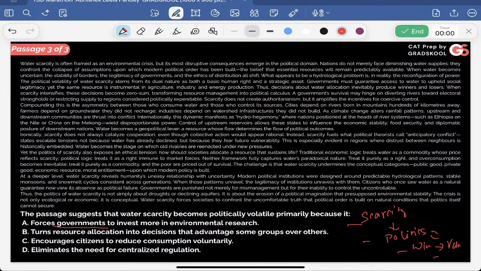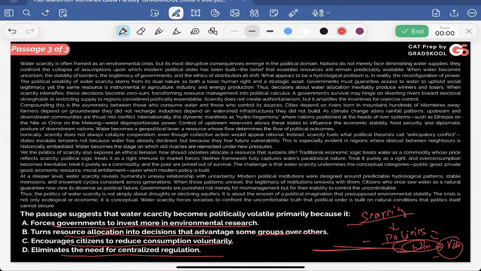Forces governments to invest more in environmental research, turns resource allocation decisions that advantage some groups over others, encourages citizens to reduce consumption voluntarily, eliminates the need for centralized regulation. Okay, scarcity, politics, wins and loses. So this is some groups over the others.